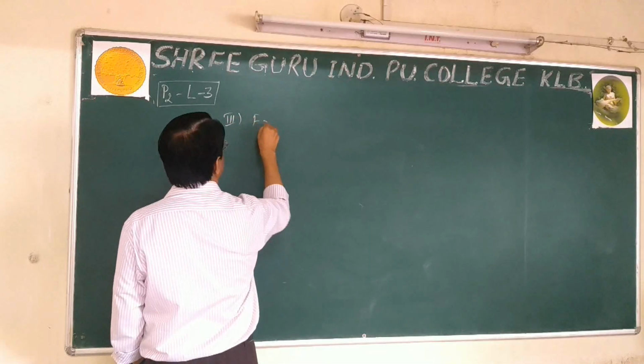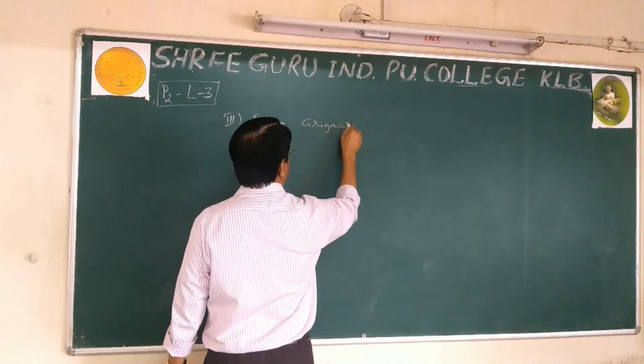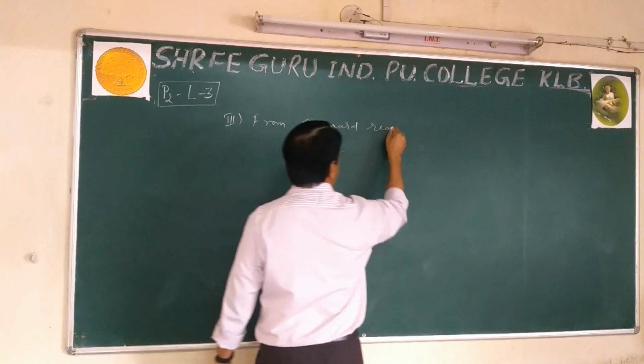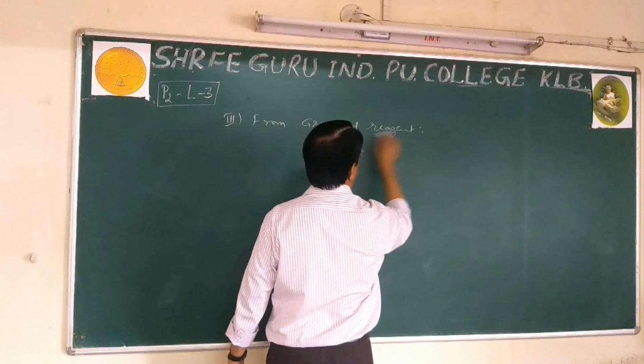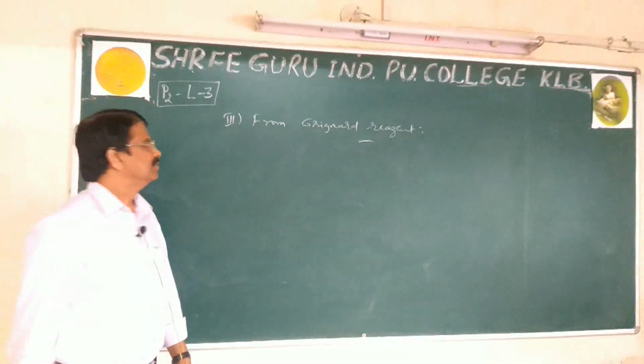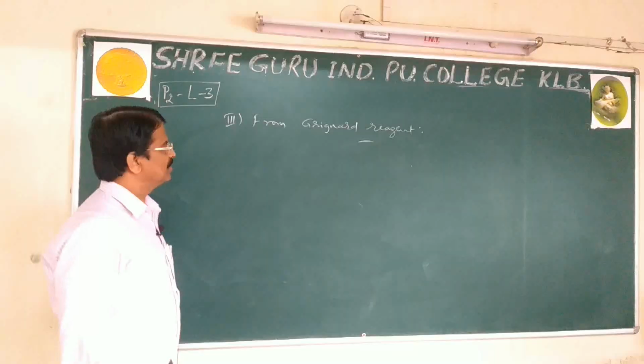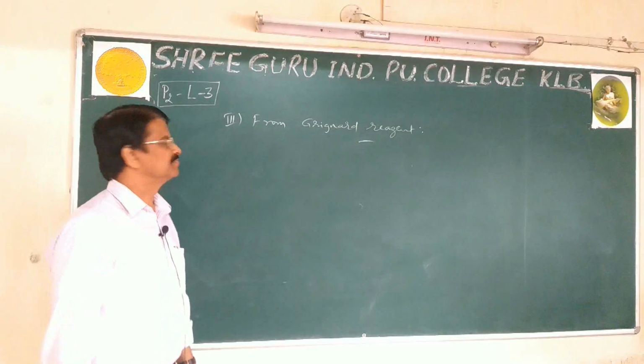Third method, from Grignard reagent. Okay, so using Grignard reagent, see how to prepare alcohols.